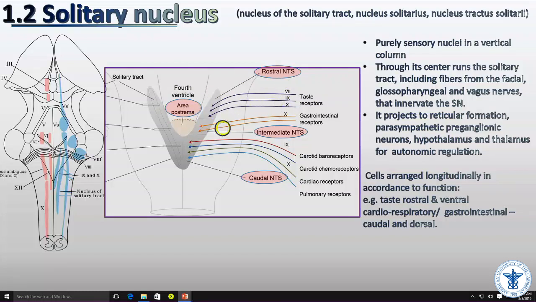The middle section has gastrointestinal receptors, mainly the vagus nerve, and this deals mostly with the gastrointestinal reflexes of the gut. The lower part is more with the cardiovascular functions. So you have the carotid baroreceptors, the chemoreceptors, cardiac receptors, and pulmonary receptors. All that's localized in the lower part. If you remember, the upper part's taste, the middle section's gastrointestinal, and the lower part is cardiac and respiratory.